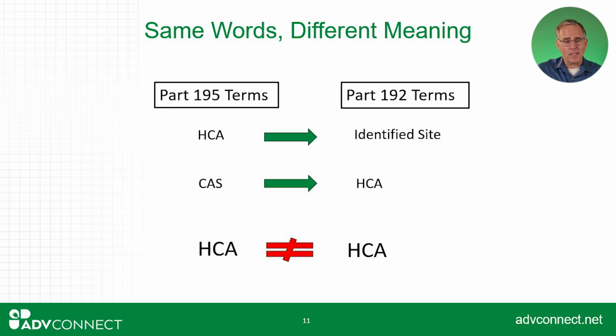When they think about a could affect segment, where you could affect an HCA, that is more like what they call a high consequence area in the gas rule, where a pipeline failure there could affect an identified site. So a could affect segment is really more synonymous with an HCA in the gas code. So the term HCA is not used the same in the gas and the liquid code. Just be aware of that.